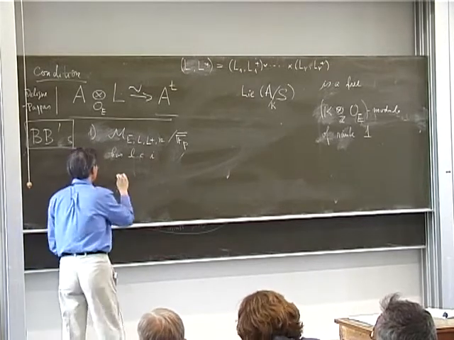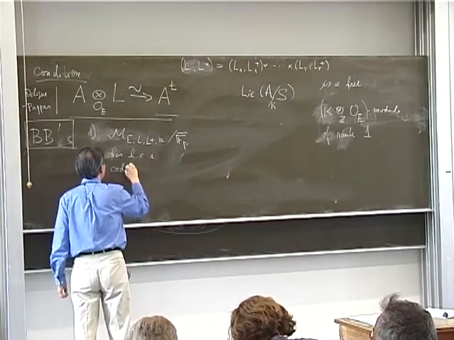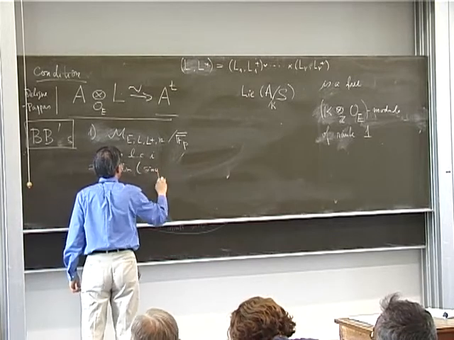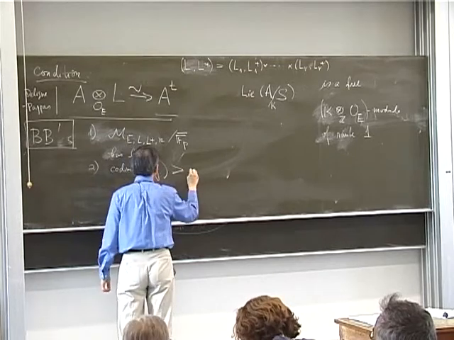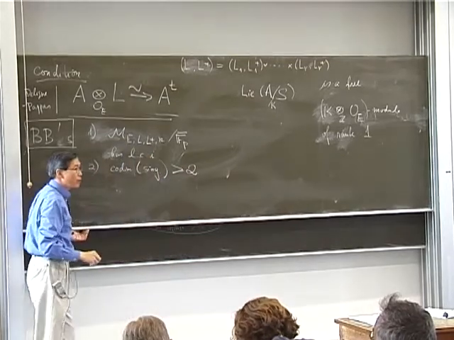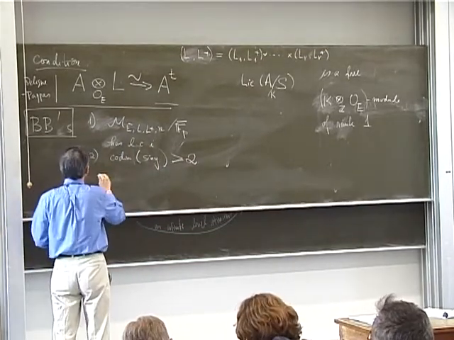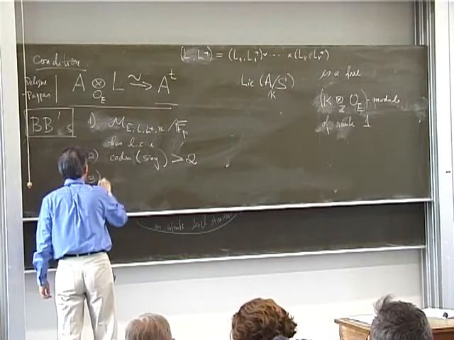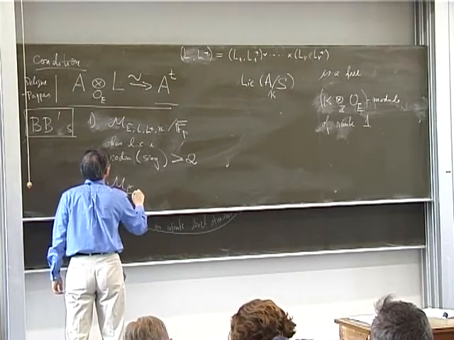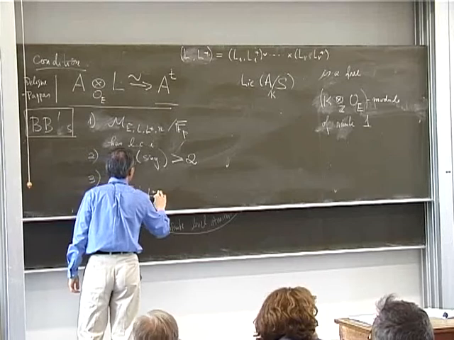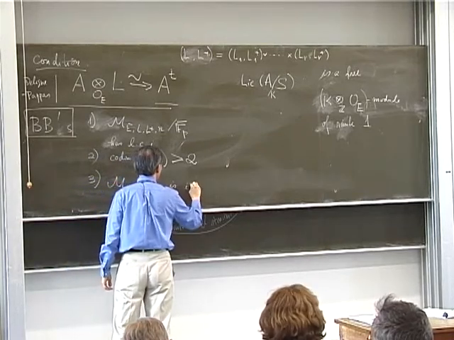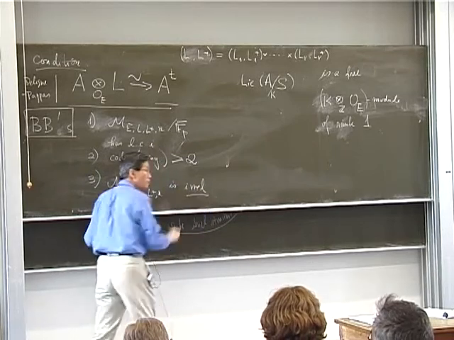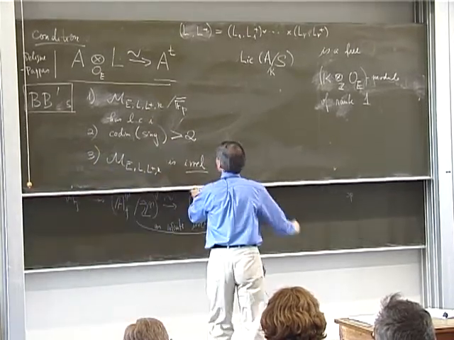Two is that the codimension of the singular locus is at least 2. Okay. Now three is that it's irreducible.